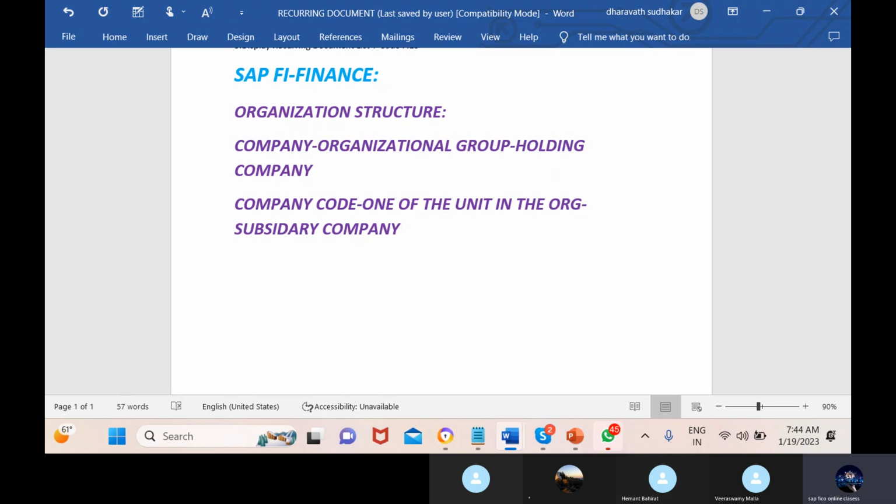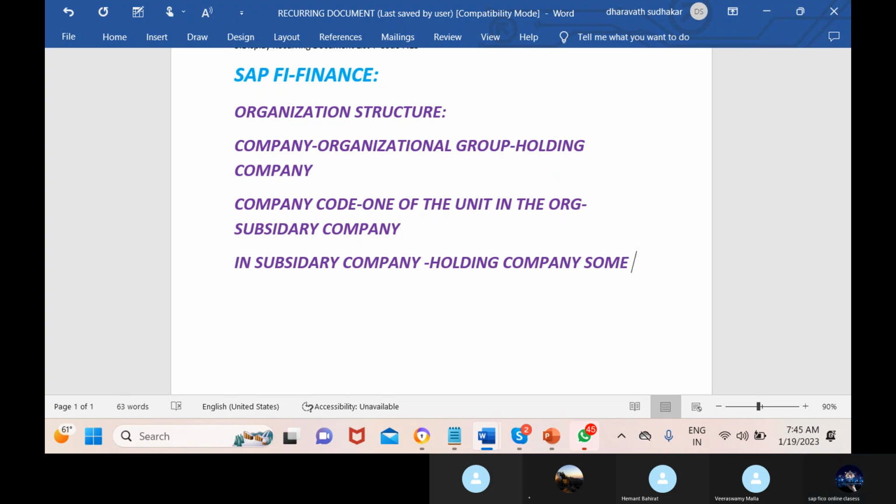The reason is, in subsidiary company, the holding company holds more than 1% of shares, or it may hold more rights compared to others.